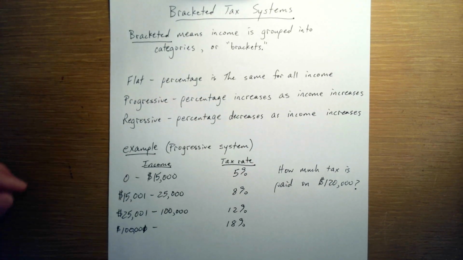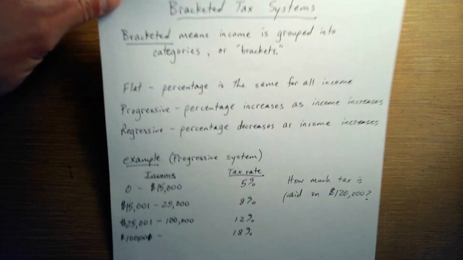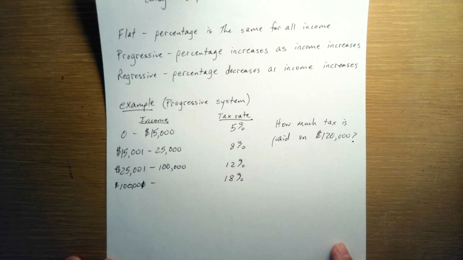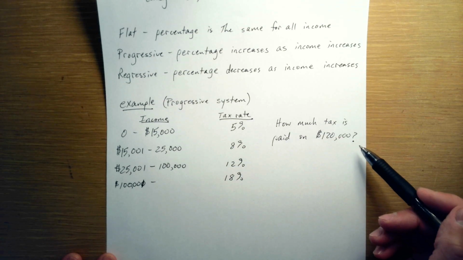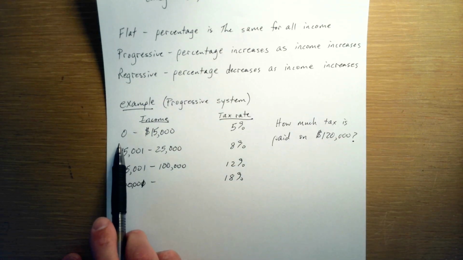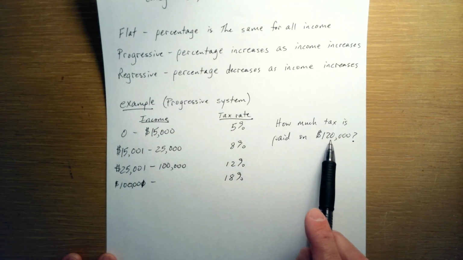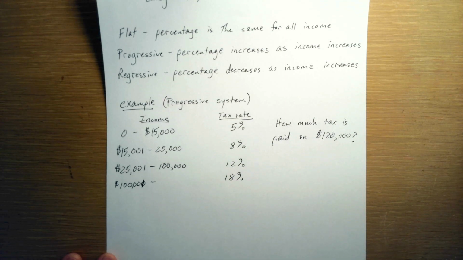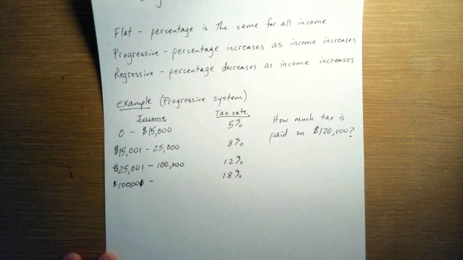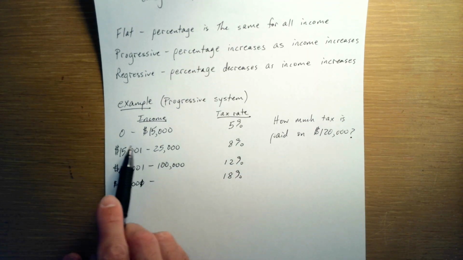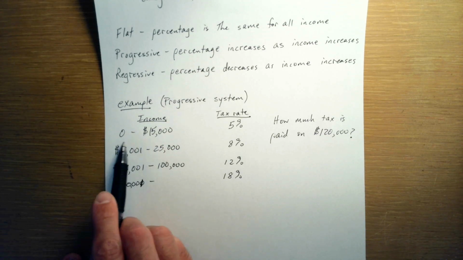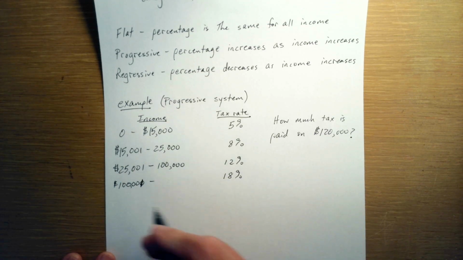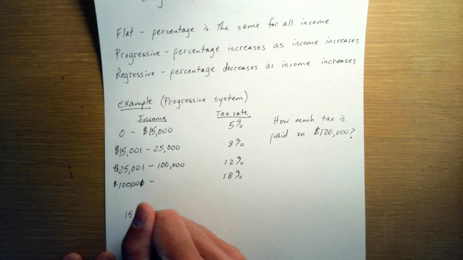So to solve this problem, we need to apply the bracketed system, apply the tax rates. So we take our $120,000 and we kind of walk along from zero all the way up until we reach $120,000, and as we walk along we apply tax rates to those brackets that we encounter. So in this first bracket from 0 to 15,000, there's $15,000 of the $120,000 sitting in that bracket.